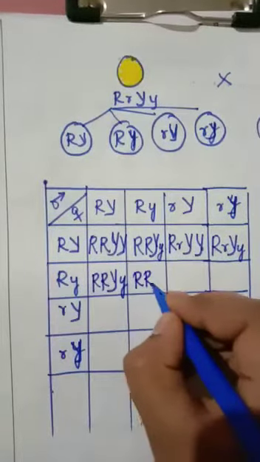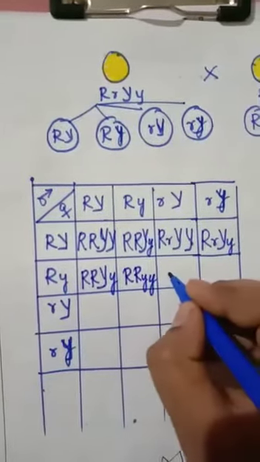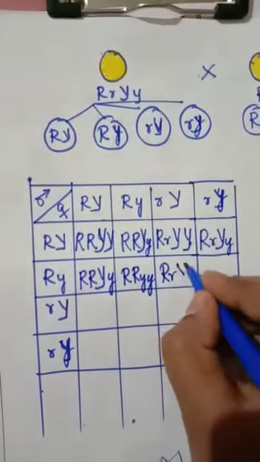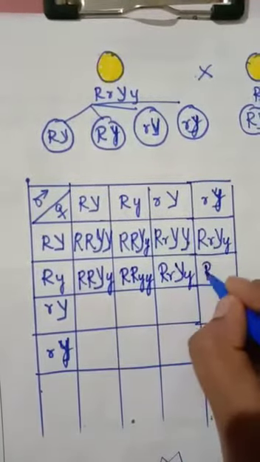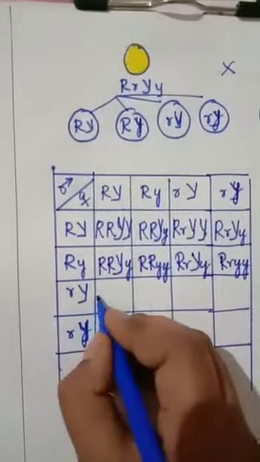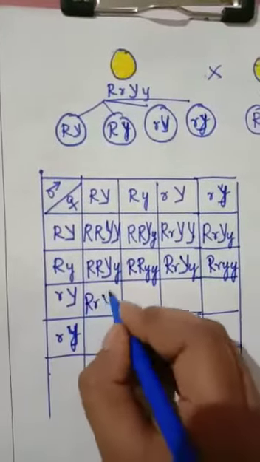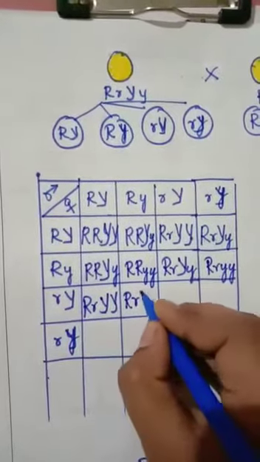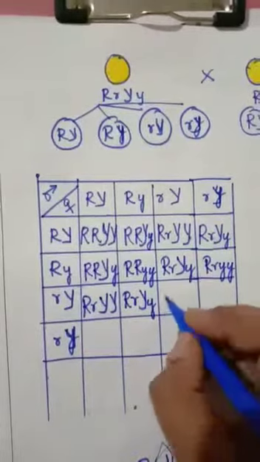Capital R, capital R, small y, small y. Capital R, small r, capital Y, small y. Capital R, small r, small y, small y. Capital R, small r, capital Y, capital Y. Capital R, small r, capital Y, small y. I hope you are getting how I am fusing it.